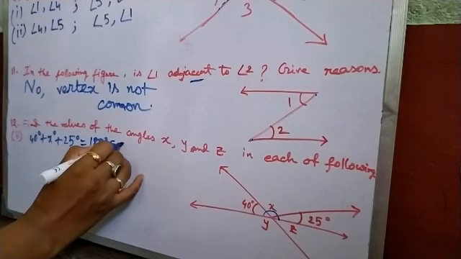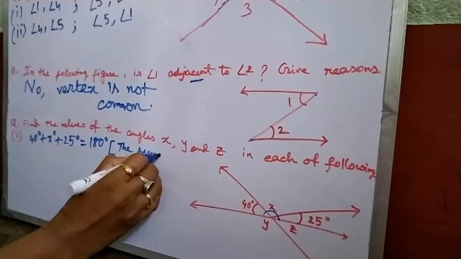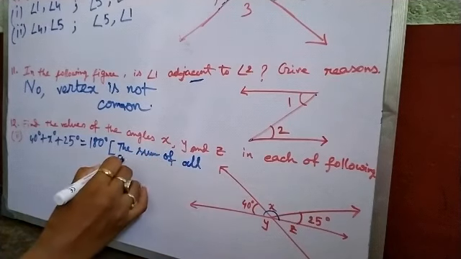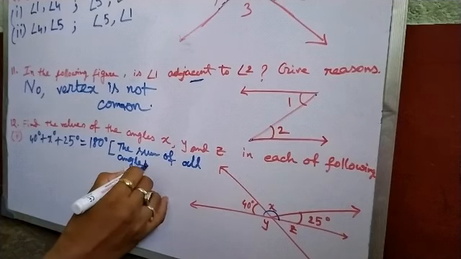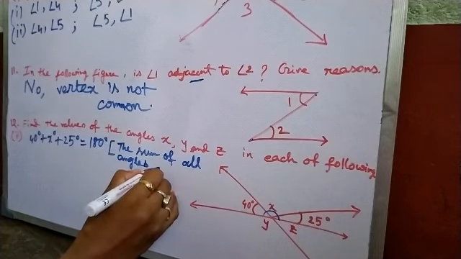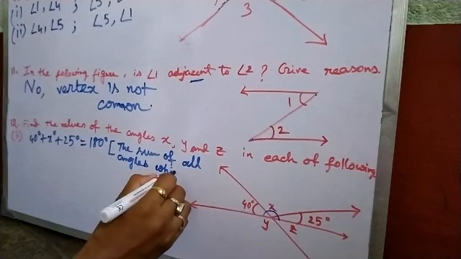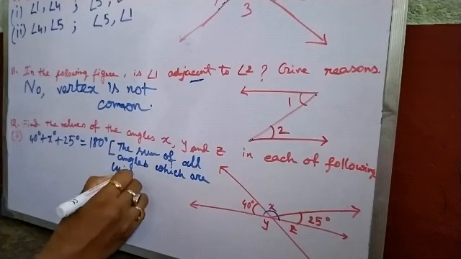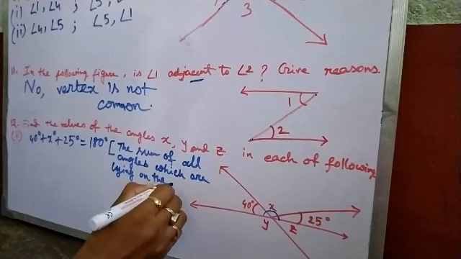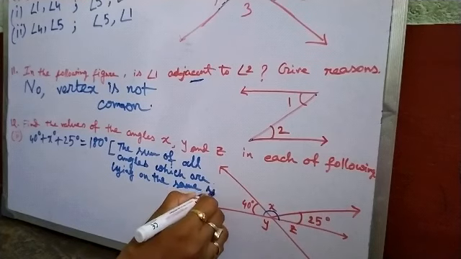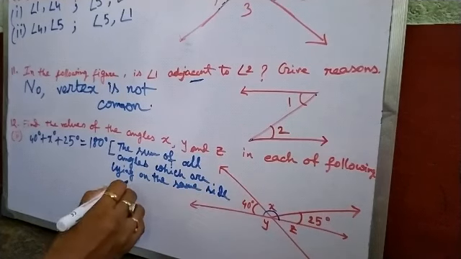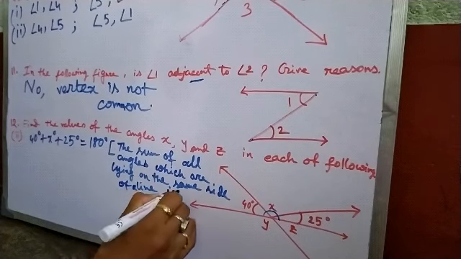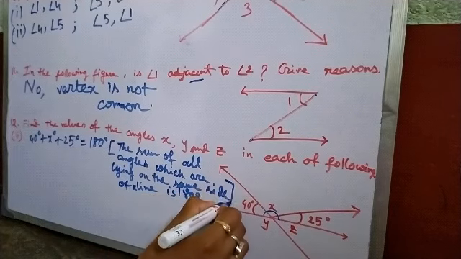The reason is that the sum of all angles which lie on the same side of a line is 180 degrees.